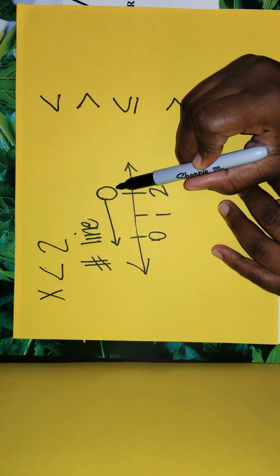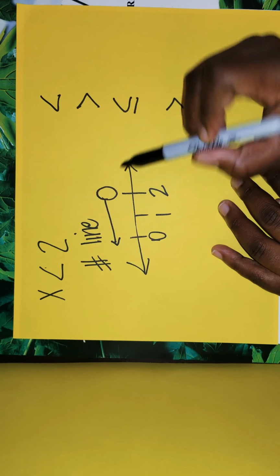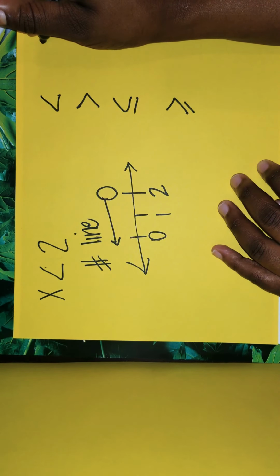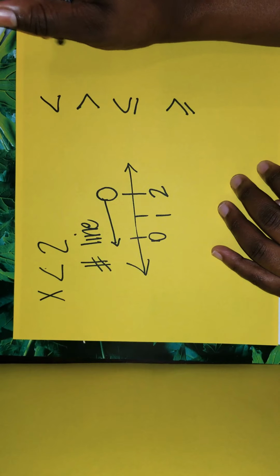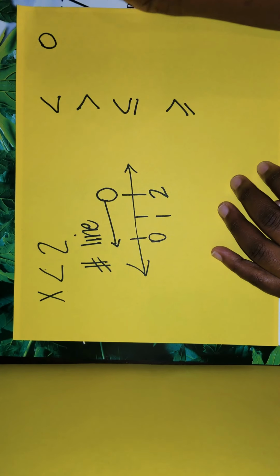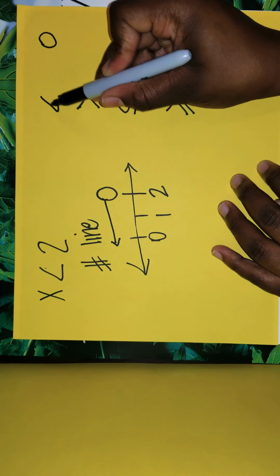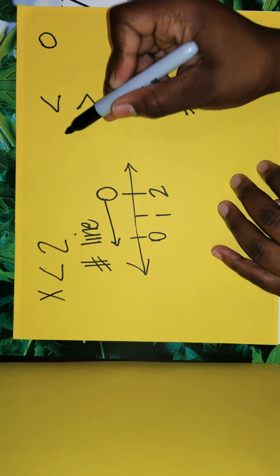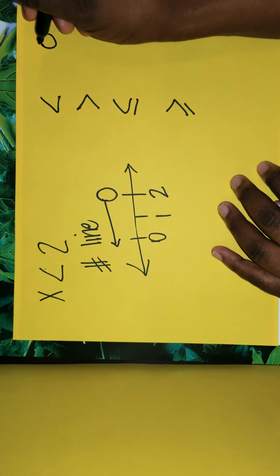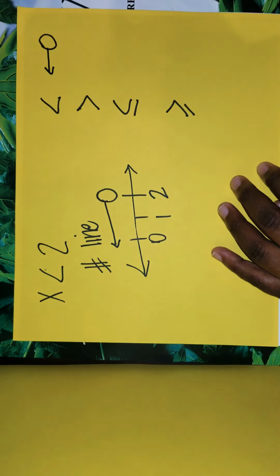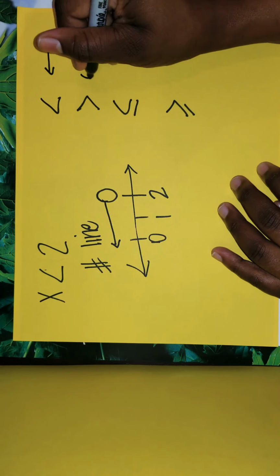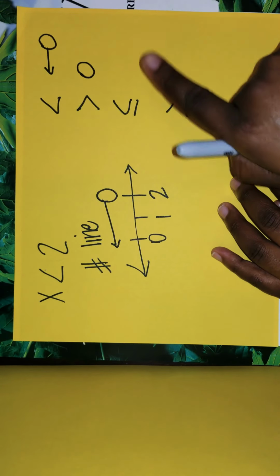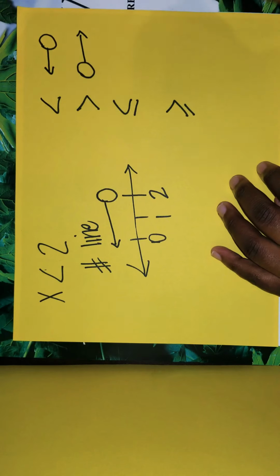So we will not have a shaded circle here. It will be an open circle. So we're going to use the open circle to identify this one. So open circle, and where the sign is pointing will tell you where to point your arrows. So it will be going this direction. All right. So open circle again, pointing greater than, you're moving to your right.